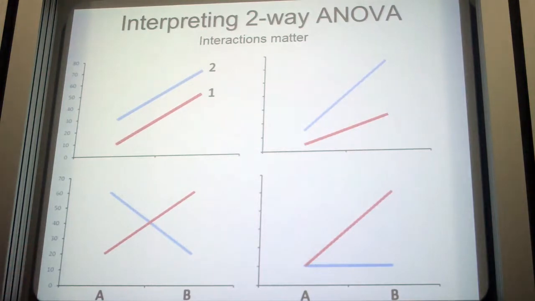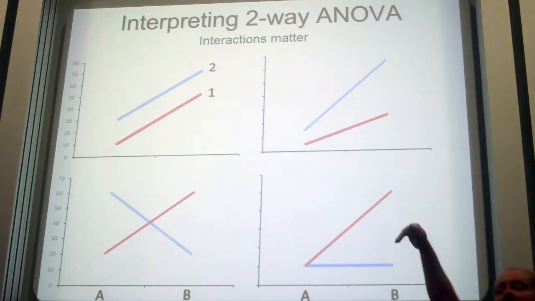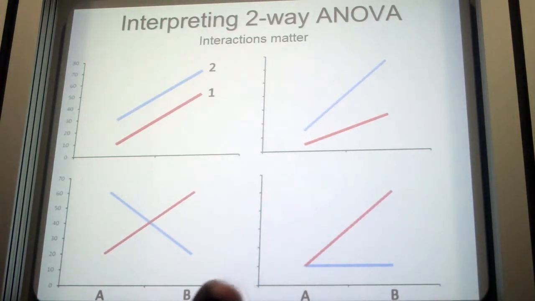So top left, condition 2 is bigger than condition 1, and it doesn't matter whether it's level A or level B. So there what we've got is two main effects of the red versus blue, and this condition here of A and B. If we go along to here, what we have is that for condition A, the blue is bigger than the red, as it is for B. But the difference of the differences is significant.